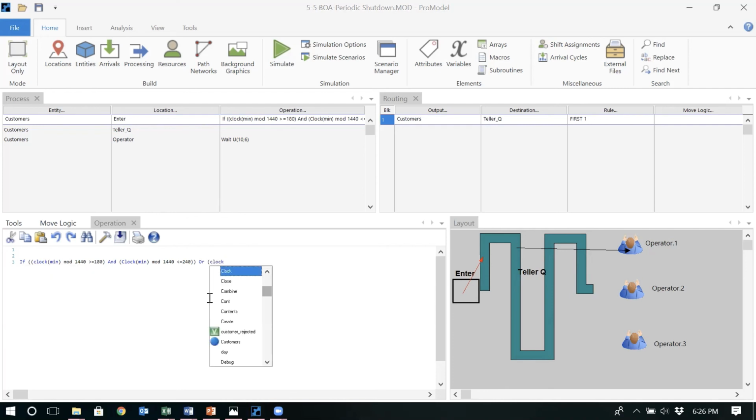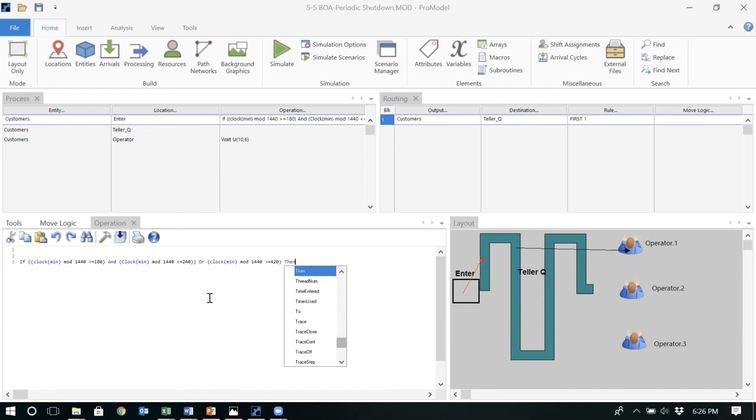So if this condition holds, or clock in minutes mod 1440 is greater than or equal to 420, which means you are past 4 p.m., then we do not want to let any customer come in.